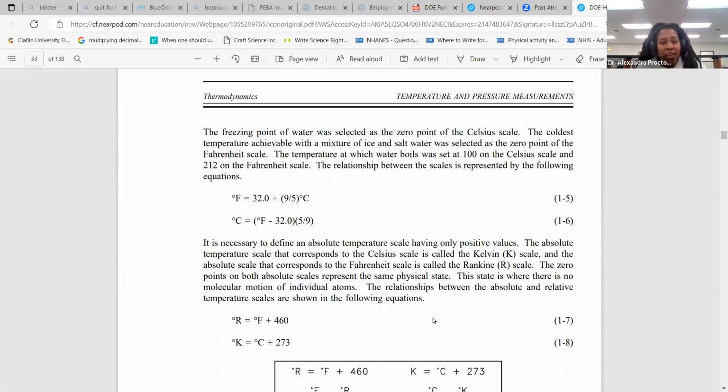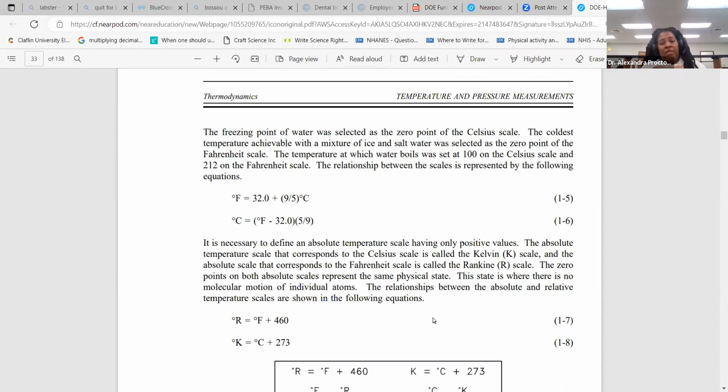And the absolute scale that corresponds to the Fahrenheit scale is the Rankine scale. And anytime you use those bars to make something absolute, you understand that those values need to be positive. Okay, so that comes from your understanding of mathematics.